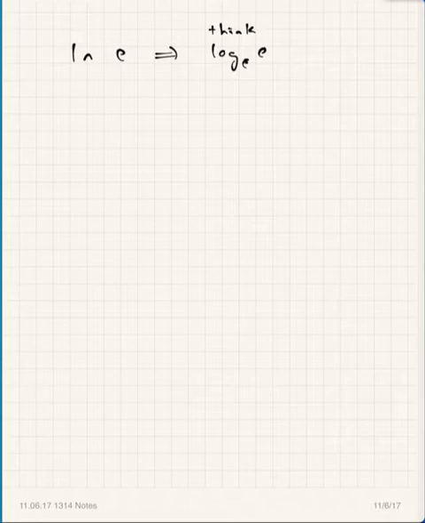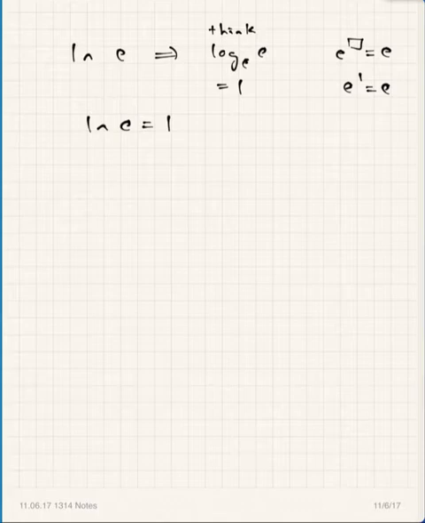So this would be the power you raise e to to get e. You're saying e to what power is equal to e? That would be e to the 1st power is equal to e. And so natural log of e is equal to 1.